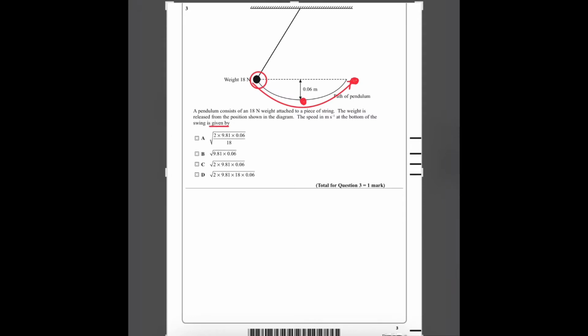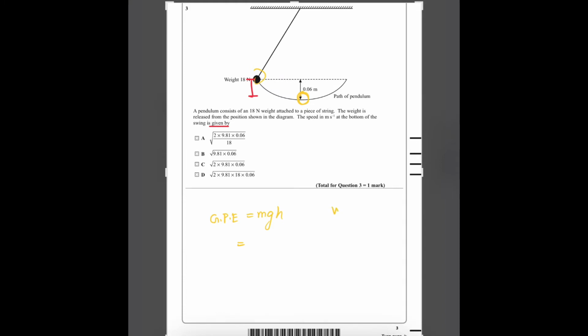So basically here, the gravitational potential energy is being converted into kinetic energy in this part. Gravitational potential energy, GPE, is equal to mgh, mass into gravity into height. The height is 0.06, and the mass is given as an 18 Newton weight.